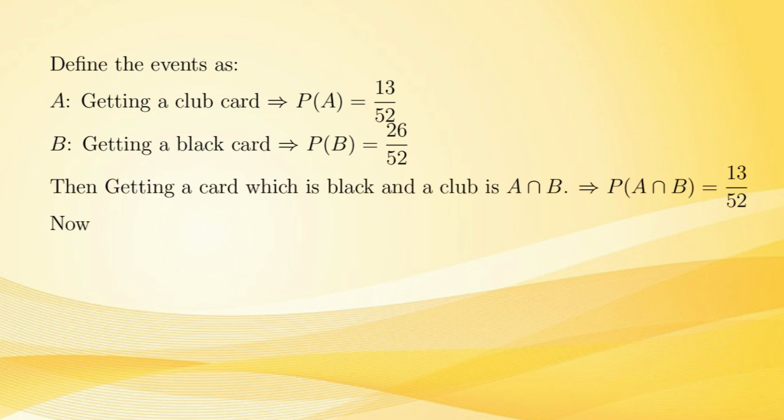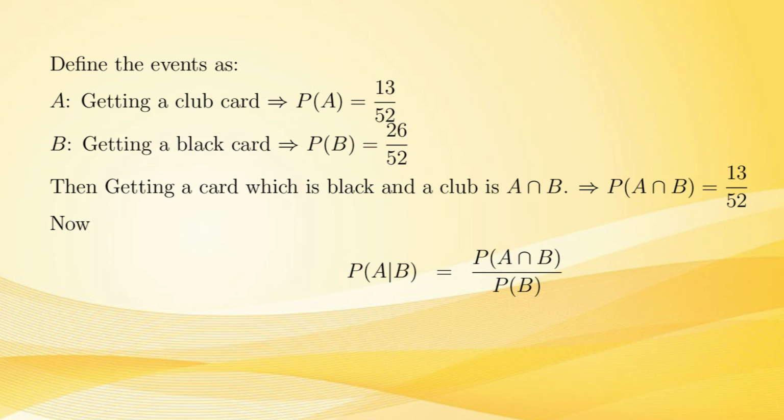Now, as we are interested in finding the chance of getting a club card given that the card drawn is black, we shall look into the intersection of the events A and B. That is, the probability of getting a card which is black and a club is 13 by 52.